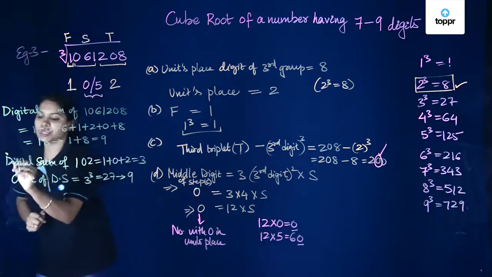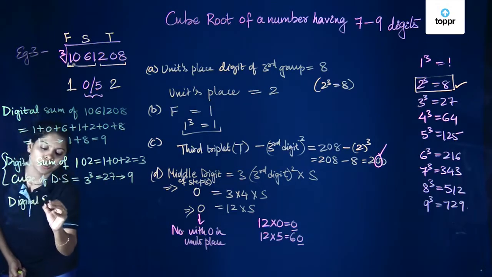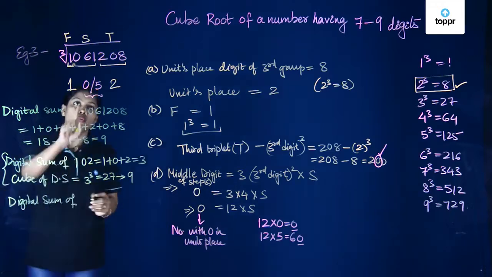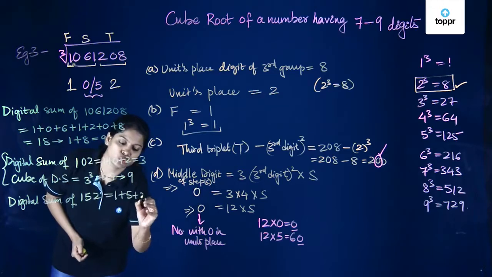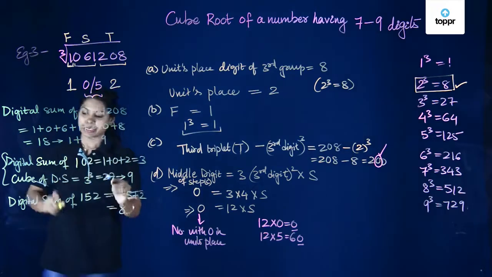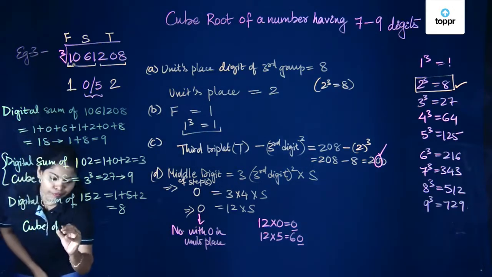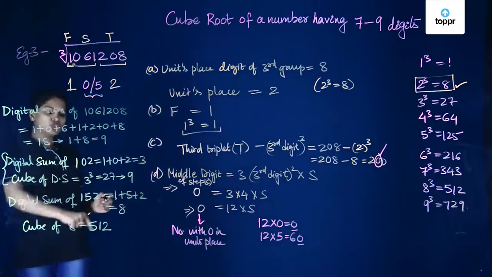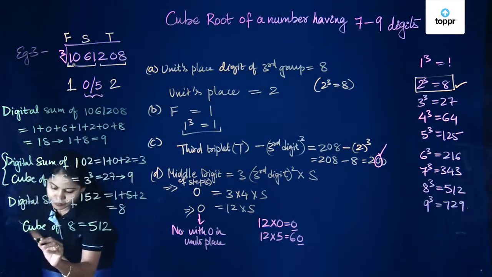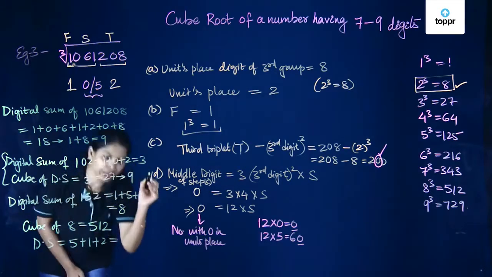Let's repeat the same step for the other probable number, that is 152. So 1 plus 5 plus 2 is equal to 8. Now we'll next find the cube of 8. The cube of 8 is equal to 512, whose digital sum is 5 plus 1 plus 2, equal to 8 here.